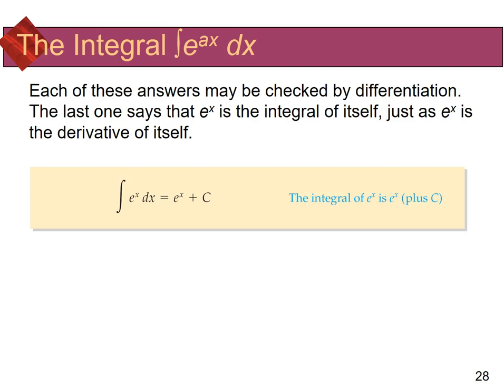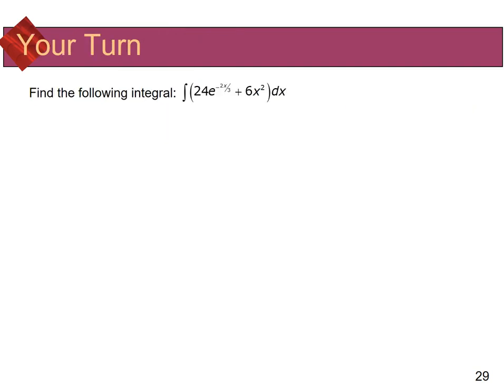So with these things in mind, I want you to try to take the integral of this. So for this here, I'm doing the integral of 24e to the negative 2x over 3 plus 6x squared dx.